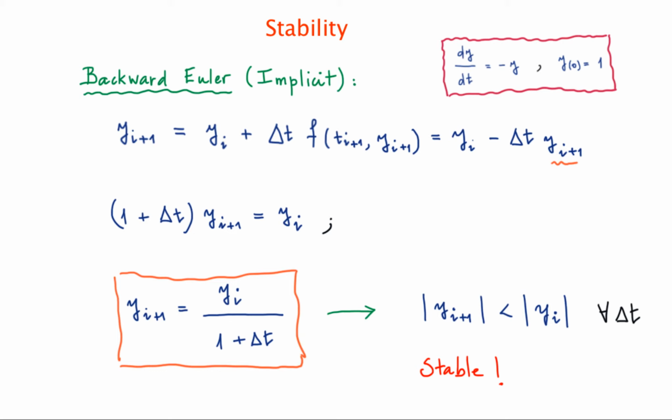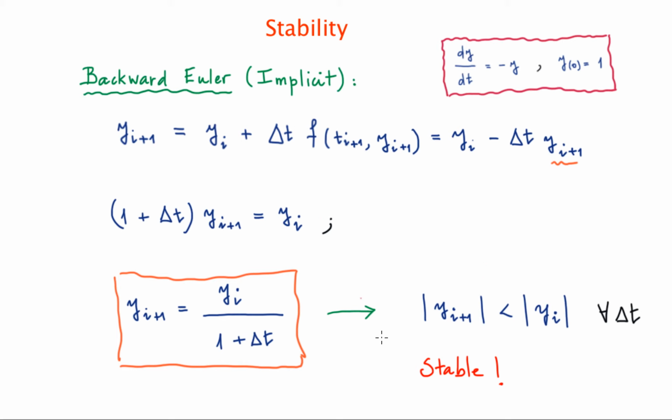And in this case, you can see we don't have the pathology which arose in the previous case. Even though delta t becomes higher than 2, for example, you can see that the absolute value of the y function evaluated at time i plus 1 is always smaller than the y function evaluated at time i. That's recovering the exponential decay of the exact result we just derived at the beginning.